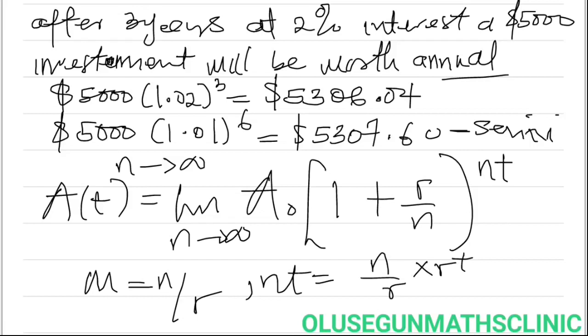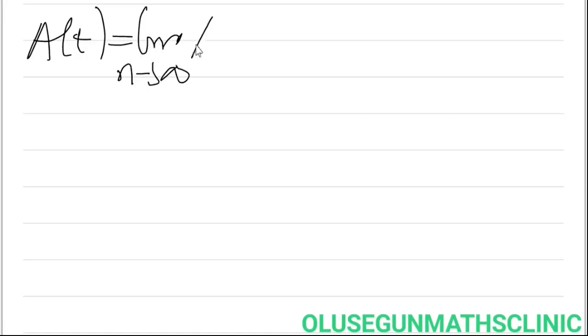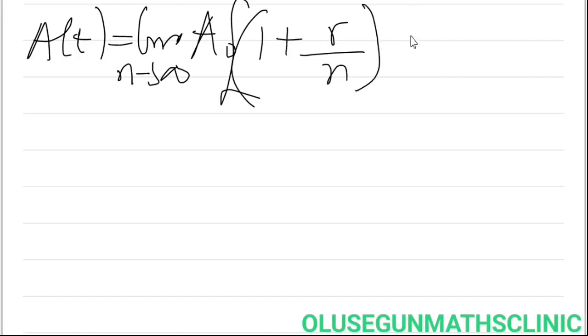And I want to rearrange the formula for A of t as n tends to infinity, which is 1 plus rate over the number of periods.